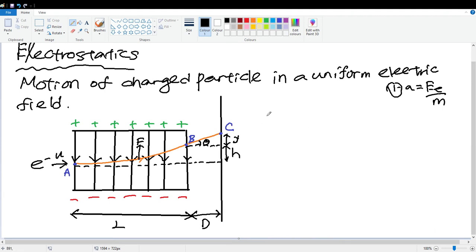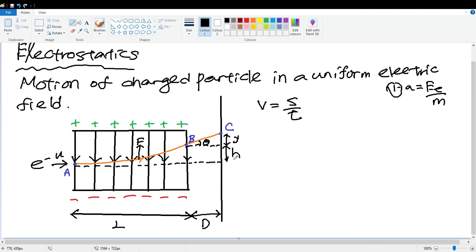As for the second information, what we need to find is the time taken for the electrons to move from A to B. Let me just observe for a while. So we know that the velocity is s over t, which is the rate of change in displacement.